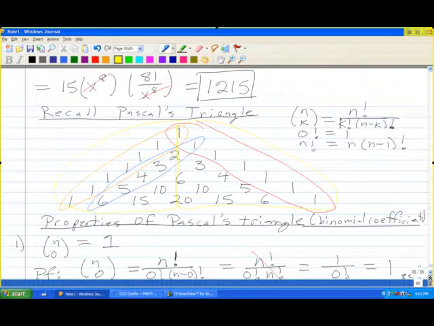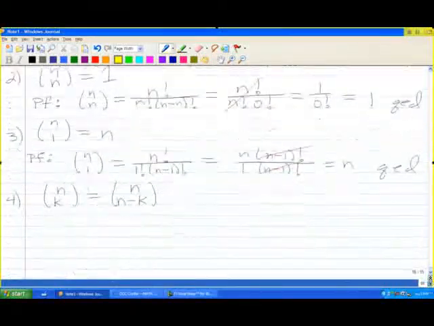They're just mirror images of each other. And so there's this symmetry where if you look at each side, they have the same numbers, right? 3, 1, 3, 1, 4, 1, 4, 1, 10, 5, 1, 10, 5, 1, 15, 6, 1, 15, 6, 1, etc. So there's this symmetry.